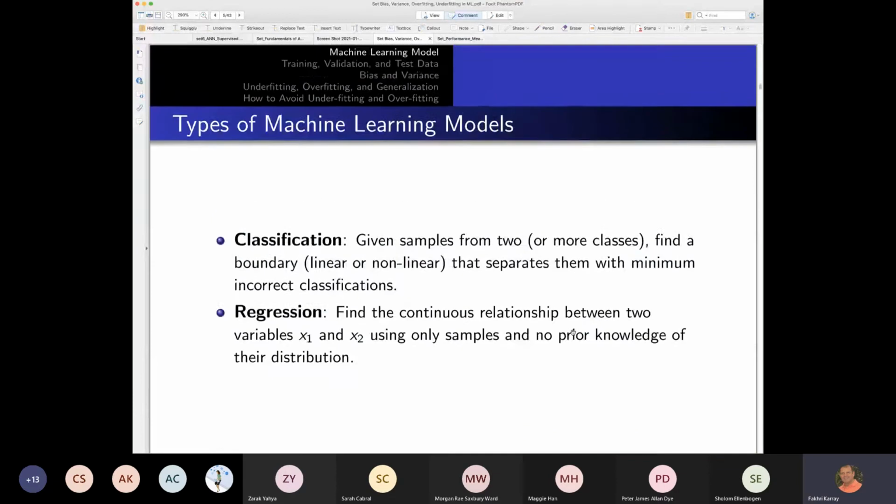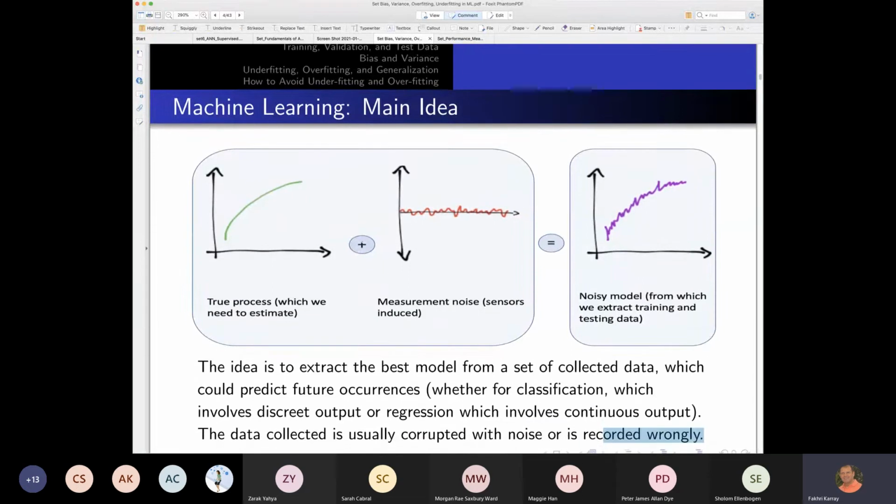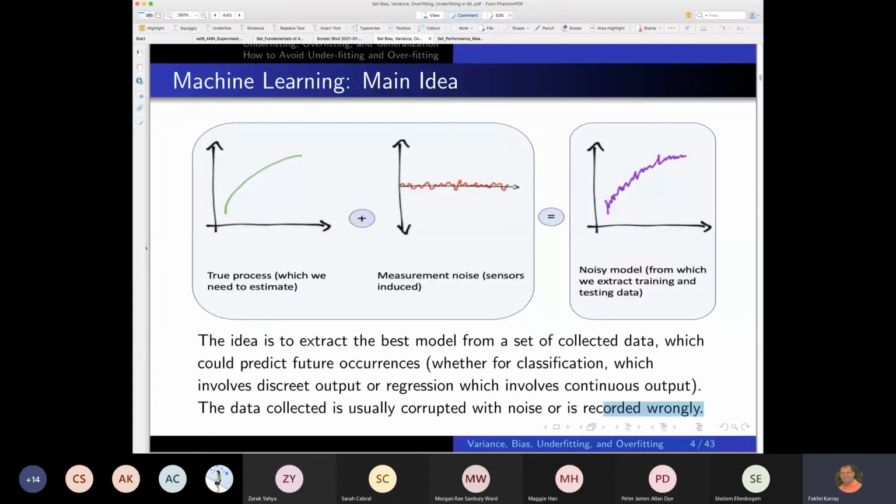Machine learning model. So let's look at this slide here. Okay, so let's look at this particular slide. So this is how we process, how to create a model for a particular process.